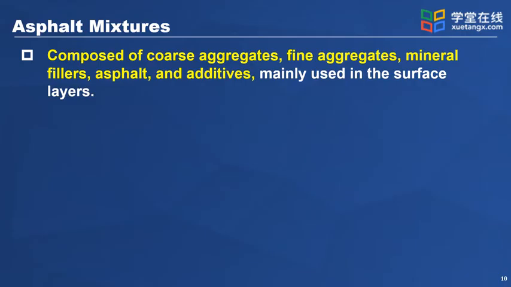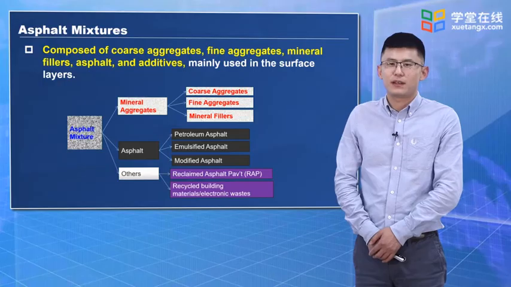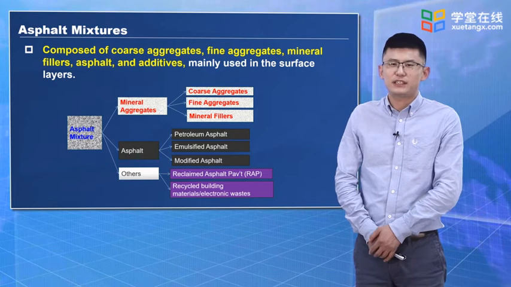And this graph can give us a pretty clear description of the asphalt mixture. We can see that it is composed of mineral aggregates, asphalt, and others. For the mineral aggregates, we have the coarse aggregates, fine aggregates, and fillers.